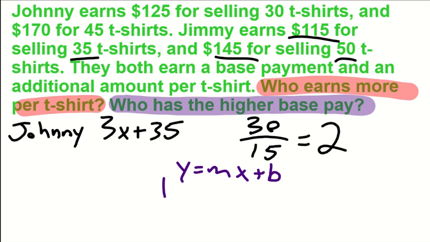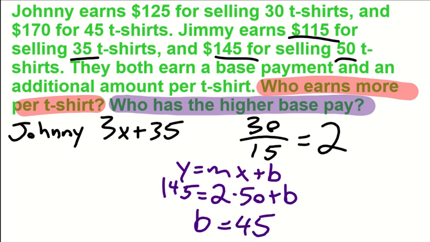I'm going to use the second one: 145 equals 2 times 50 plus b. I used the second one this time just because 50 is easier to multiply with. Not that 35 is super tough, but 50 is easy. 50 times 2 is 100. We subtract that from 145 and we get a y-intercept of 45.